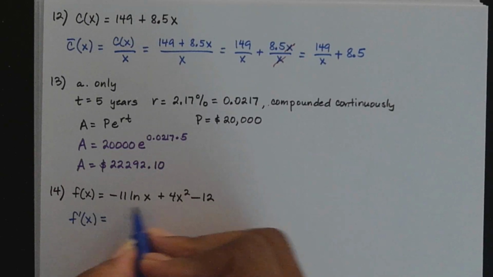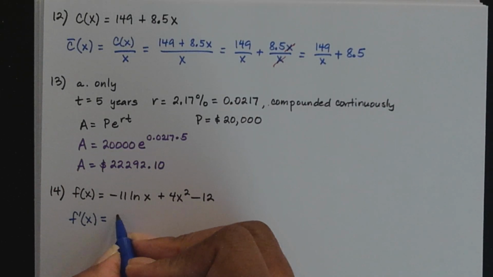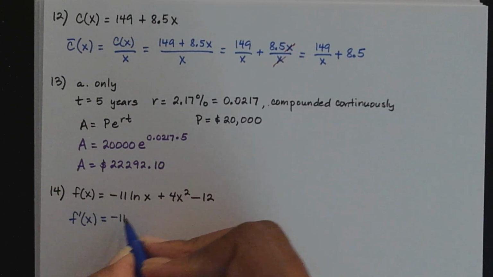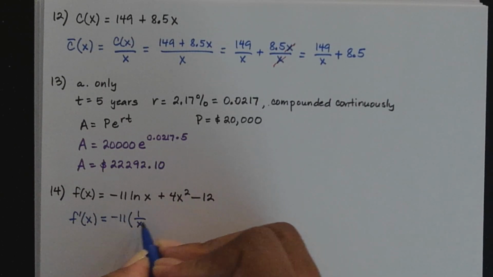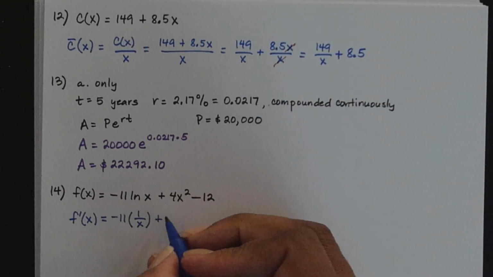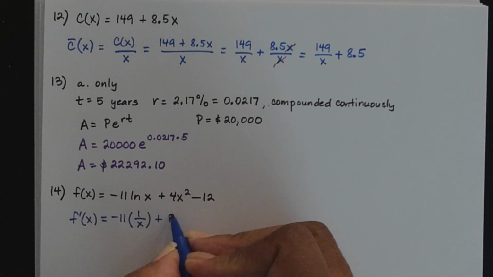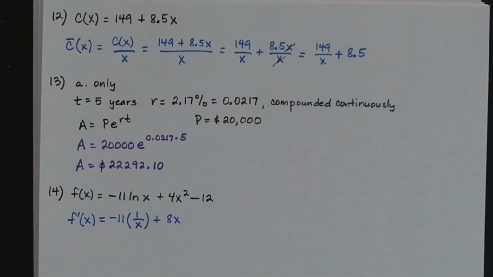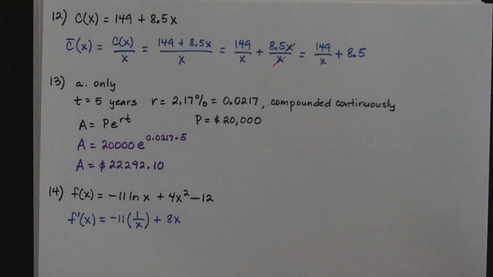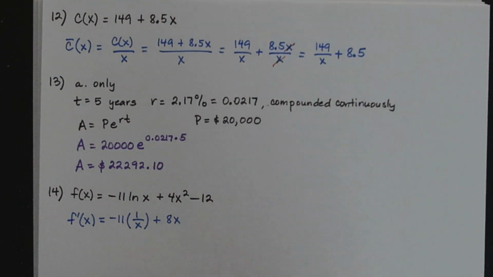All right, so here for the first term, we got negative 11. What's the derivative of ln of x? 1 over x. Plus the derivative of 4x squared would be 8x. And the derivative of minus 12, 0. Okay.